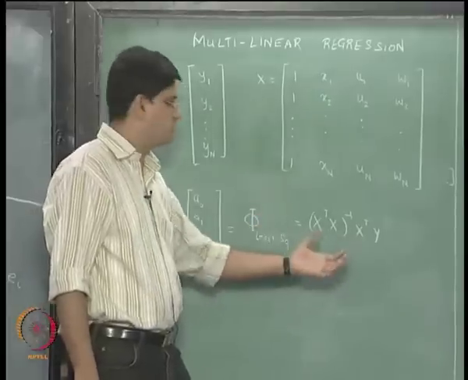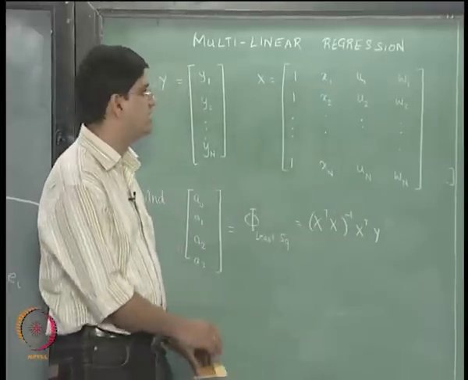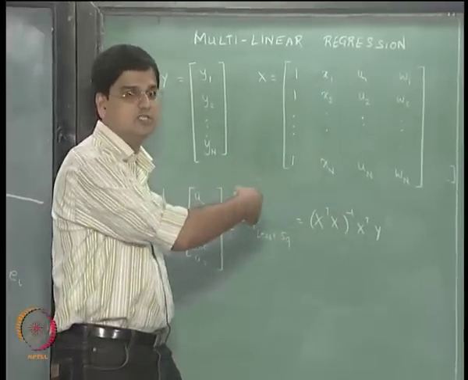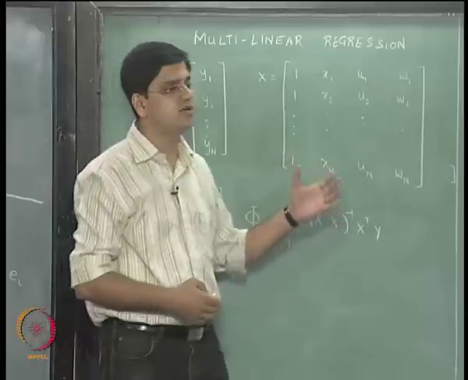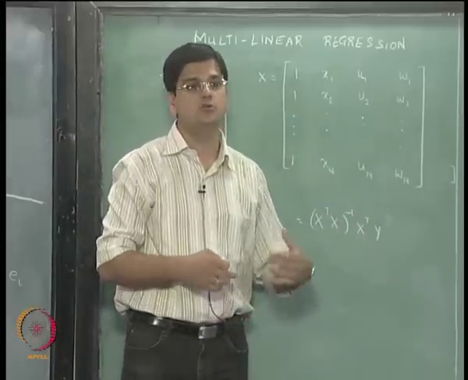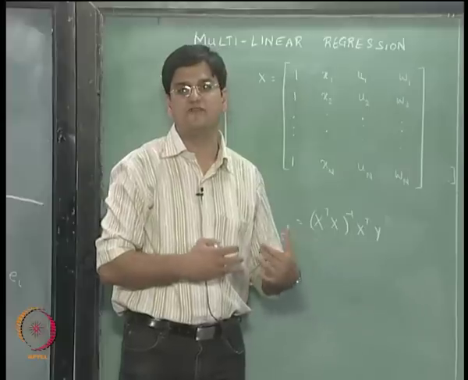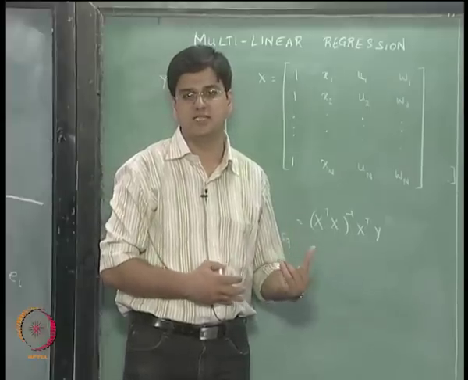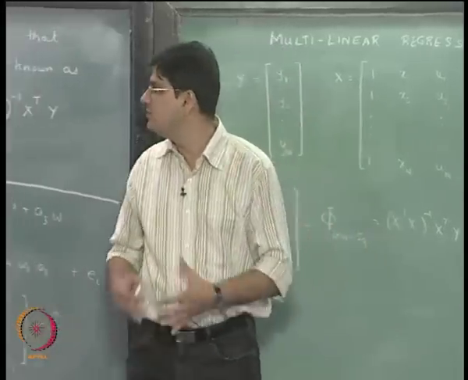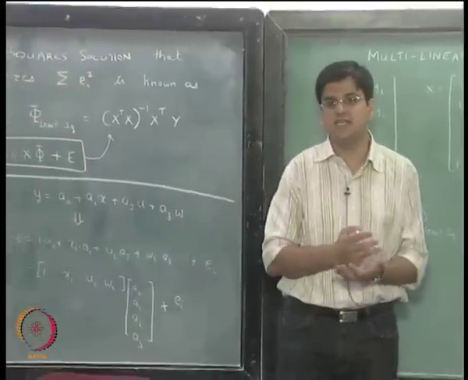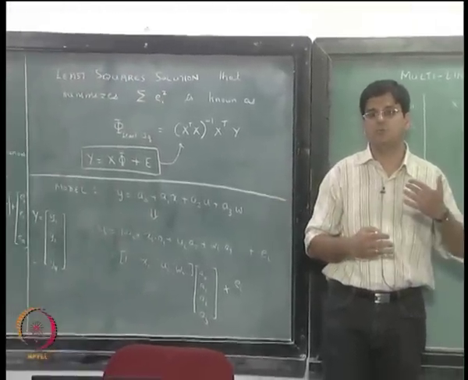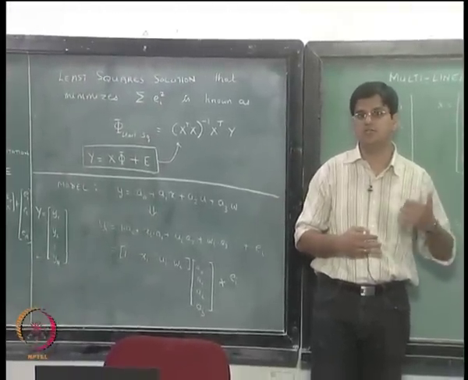Okay. Before we went on to the multilinear regression using the vectorial notations, we covered the multilinear regression using the method of minimization of the function as summation of SE. And the minimization of the summation of SE resulted in essentially M equations in M unknowns.